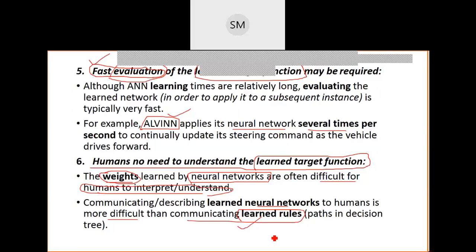But it is difficult for human beings to understand these neural networks or the weights given by them. So for such types of problems, where humans do not need to understand the target function, the six categories I explained, we can apply the artificial neural network and the backpropagation algorithm.